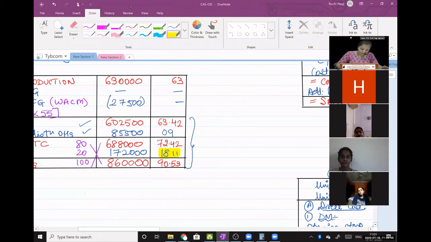Next lecture I won't be taking so much time explaining everything in such depth. This was the first sum with the shortcut of the CPU column, so I went very slow so that you get tuned in with the method. Next lecture onwards I will just start with CPU, tell you this divide by this, and quickly we will get the answers.